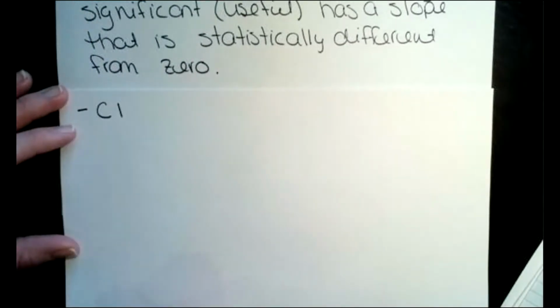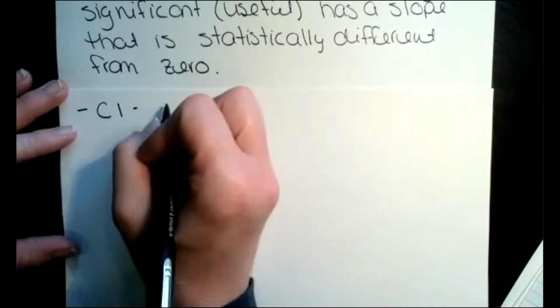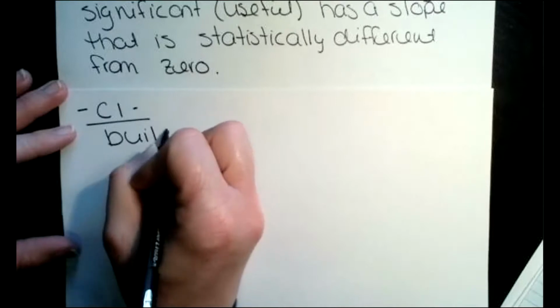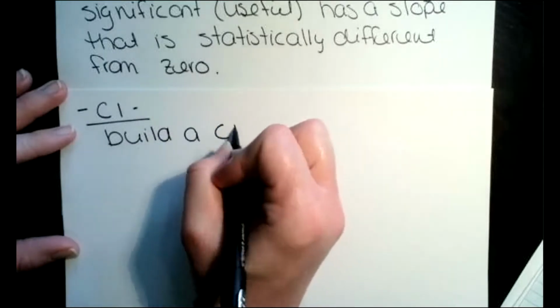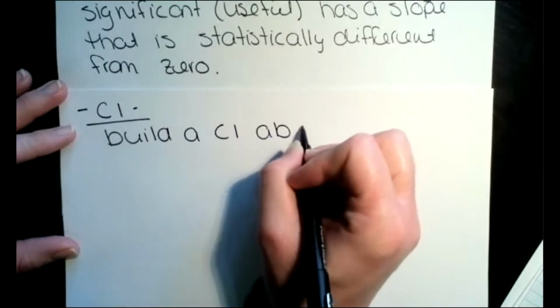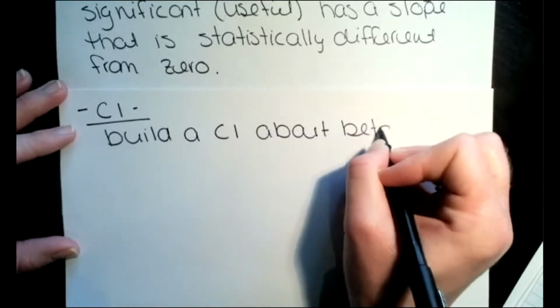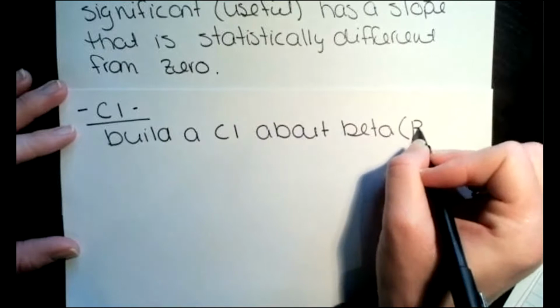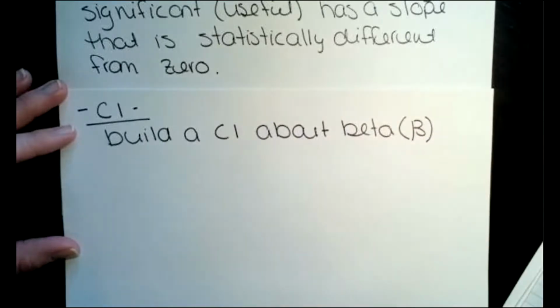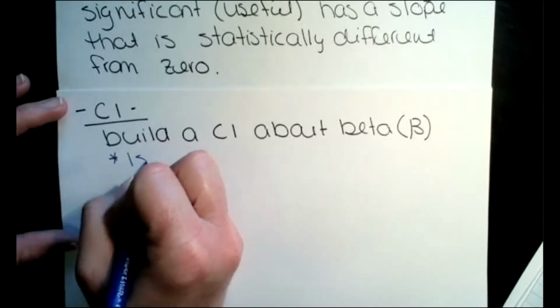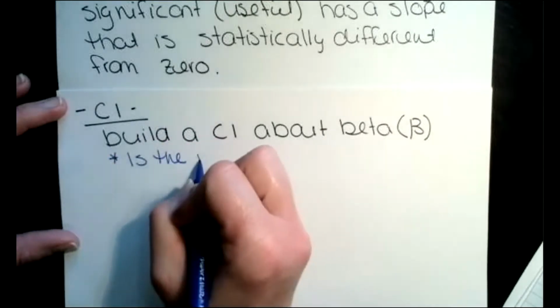So for my CI, we're going to build a CI about beta. So this is our question: is the model useful?